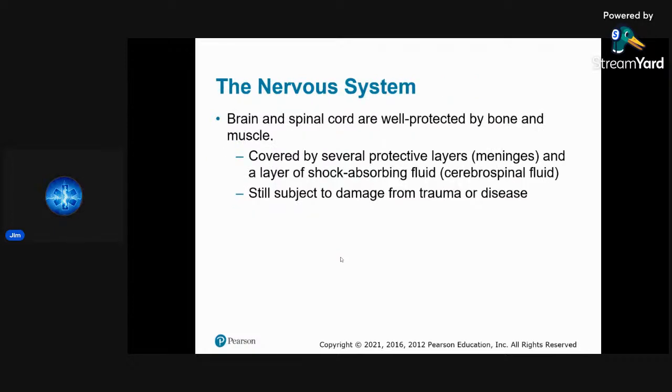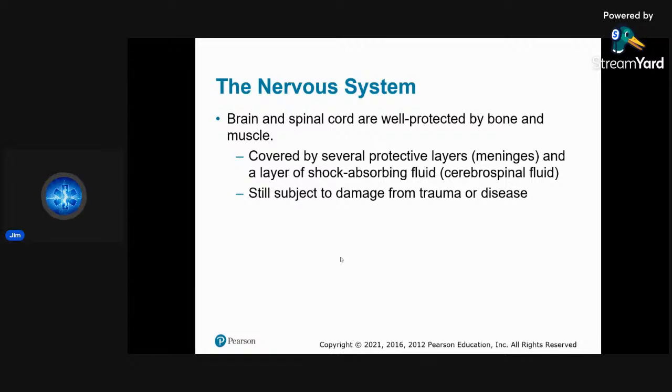The nervous system, the brain and spinal cord, is well protected by bone and muscle, right? You've got your skull and your spinal column. You also have several protective layers called the meninges. And you have a layer of fluid that's designed as a shock absorber called the cerebrospinal fluid.